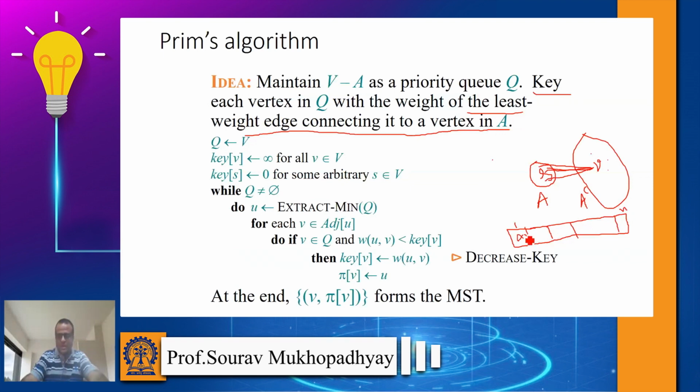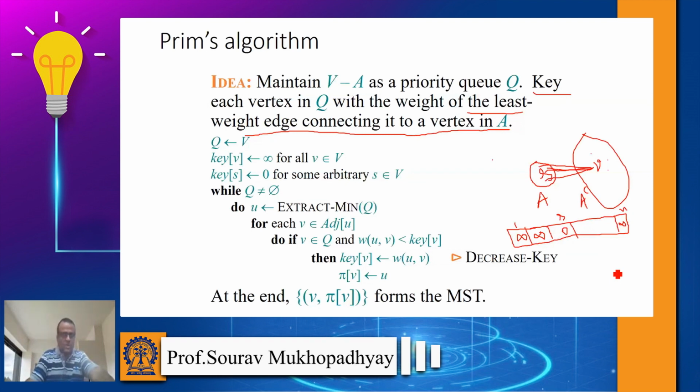Except one vertex which we want to start with, say that vertex is S. That vertex's key value we put as 0, so that when we extract the minimum, it will come first, because it is the starting vertex. So that is the initialization step.